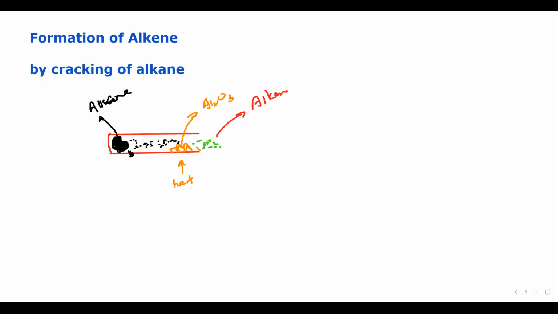So this is how cracking is done. Cracking means breaking down of a long chain molecule into small ones. We call that cracking. So whenever we have a long chain alkane or a large molecule, it breaks down into alkane plus alkene.